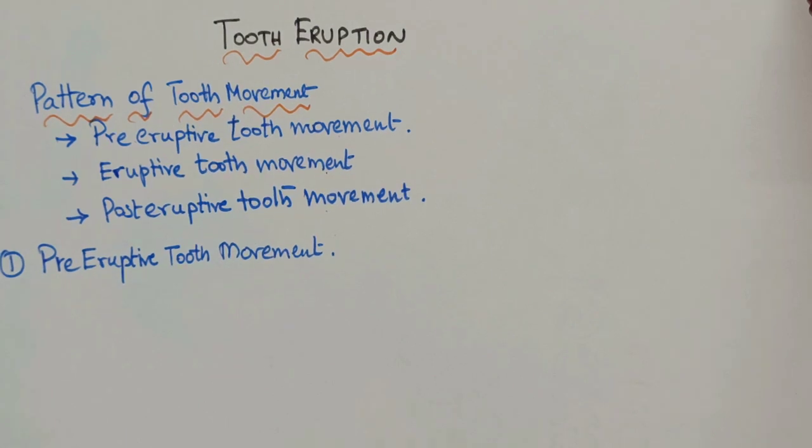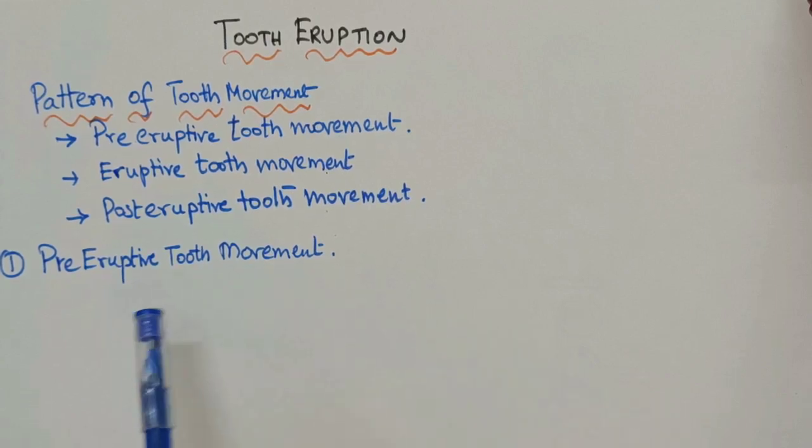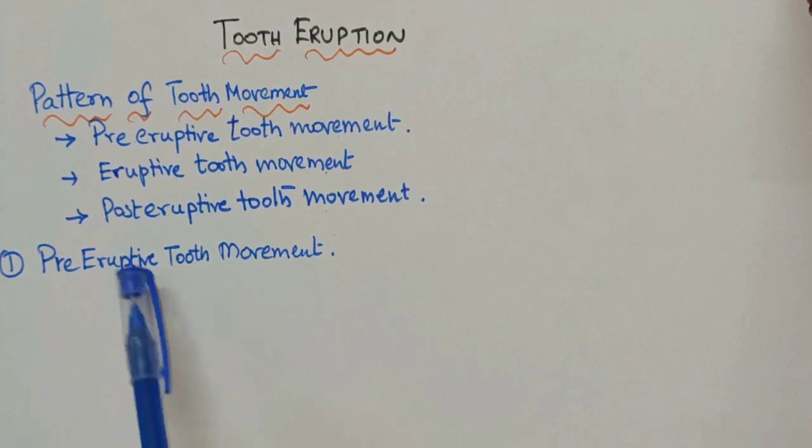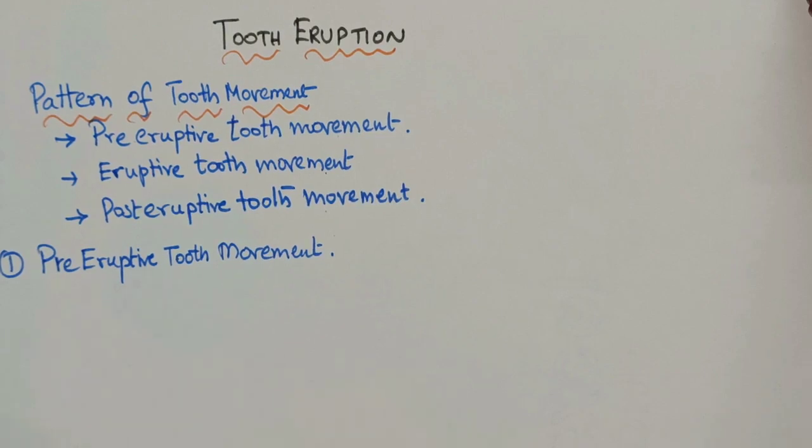Now we move on to each pattern of tooth movement. First is pre-eruptive tooth movement. What I told in the introduction is that these are the movements that happen within the bony crypt of the mandible before the tooth comes to its position of eruption. As well, the mandible has to grow.